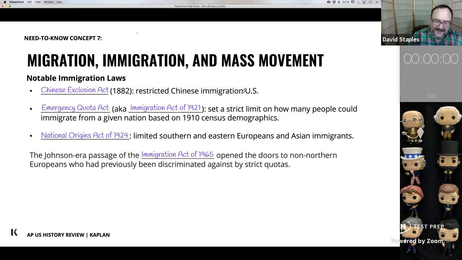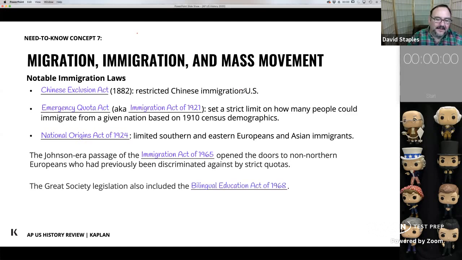Getting back on track. Here we go. There also is the Great Society legislation of the Bilingual Education Act of 1968. Johnson does a lot of bills and acts that deal with civil rights under his administration. That's when the Civil Rights Bill gets passed. In 65, the Immigration Act gets passed, and the Bilingual Education Act gets passed. There are quite a few that he spearheads.